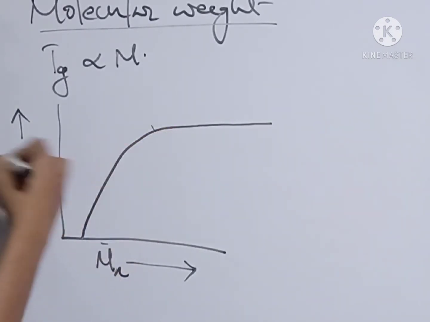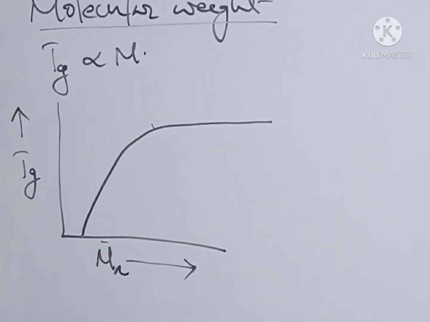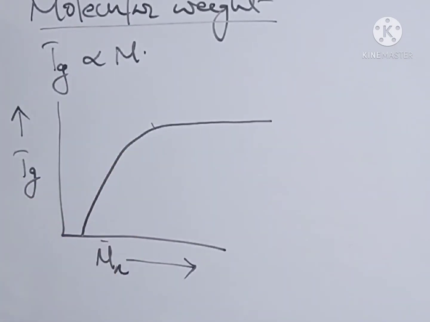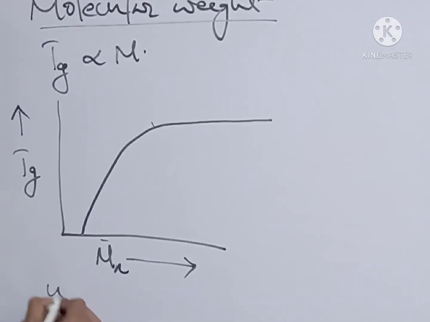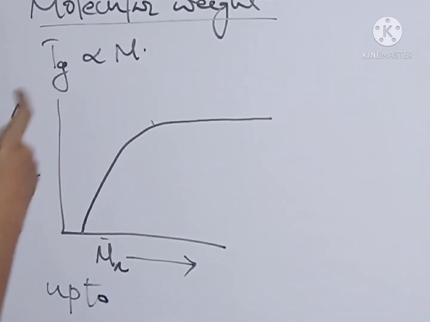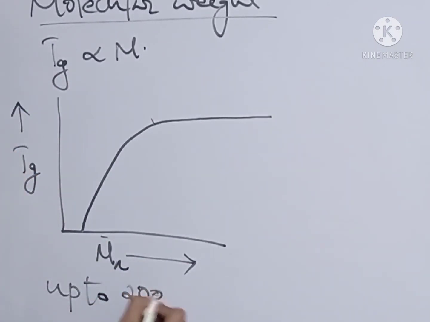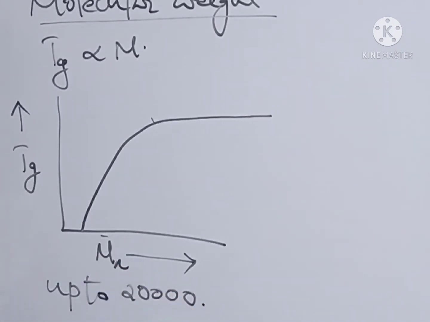So this relation is only applicable to molecular weight up to 20,000. We can relate molecular mass and glass transition temperature of polymers up to molecular weight 20,000.